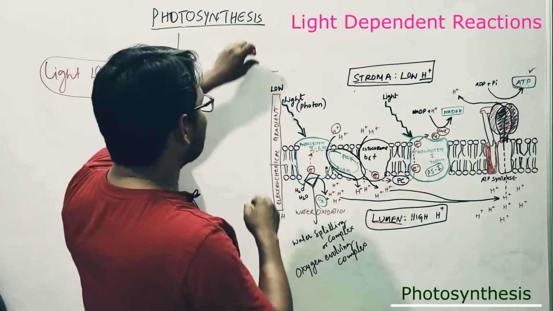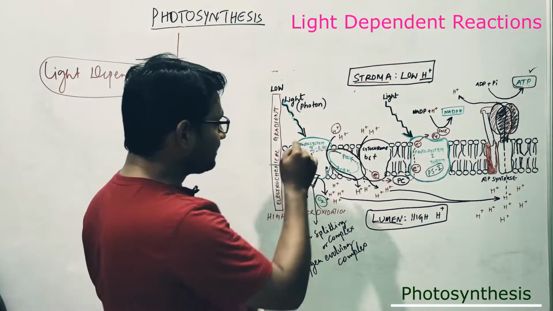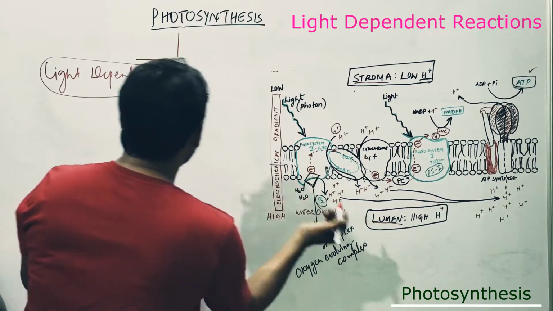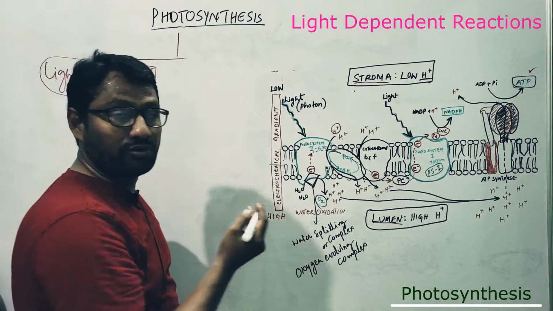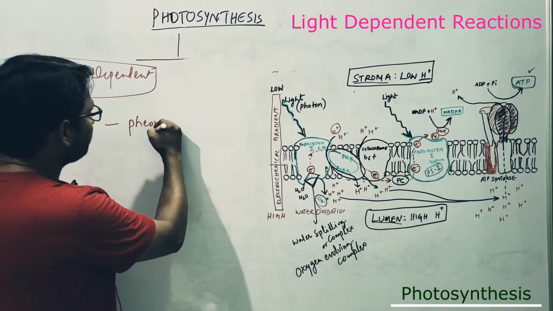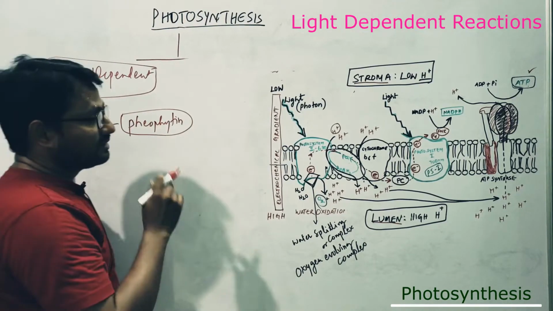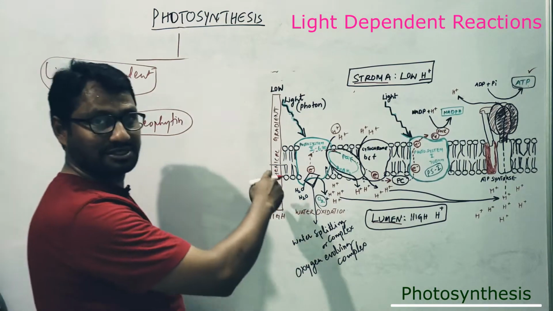Now let's see what happens when light hits the reaction center inside the photosystem. An electron gets excited. This electron is accepted by a modified chlorophyll molecule called pheophytin, the primary electron acceptor in photosystem 2.